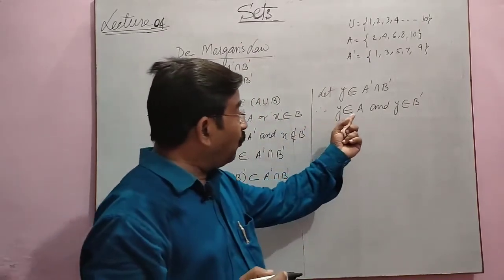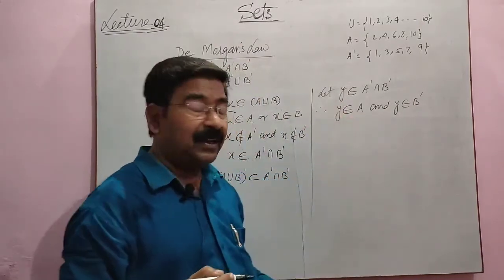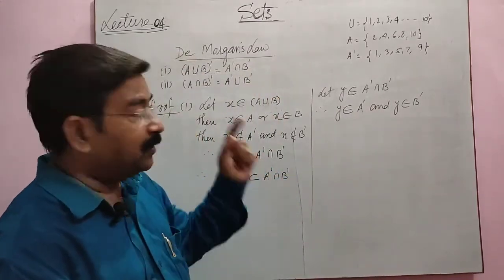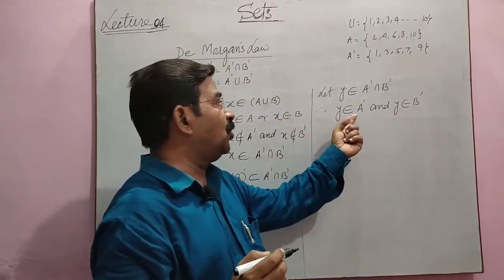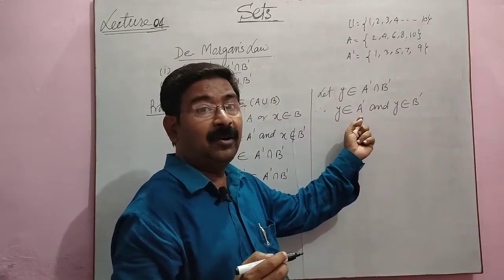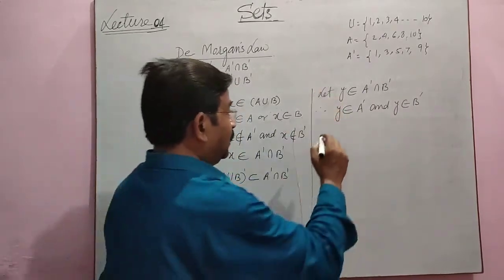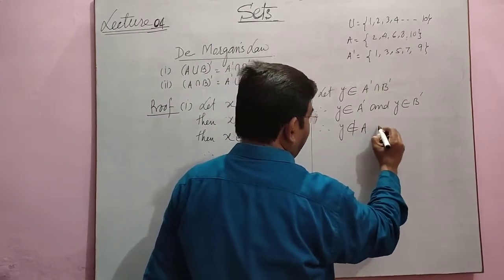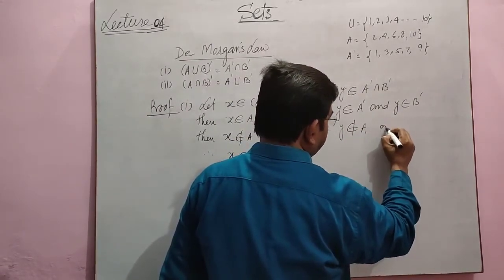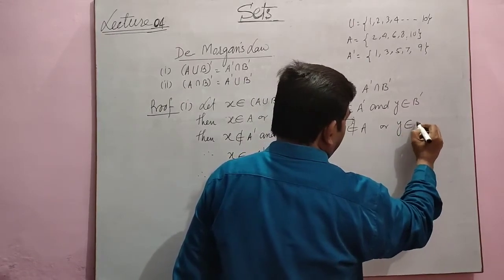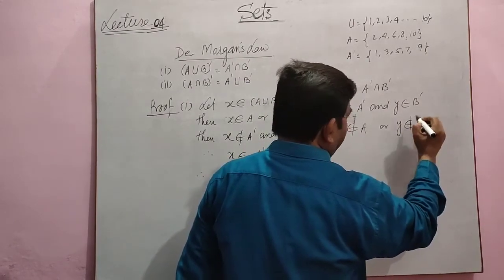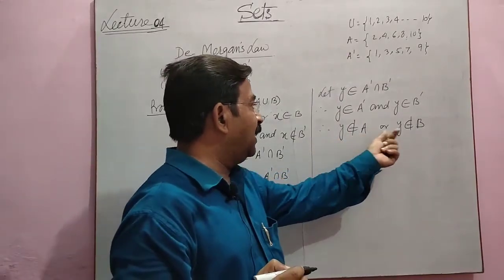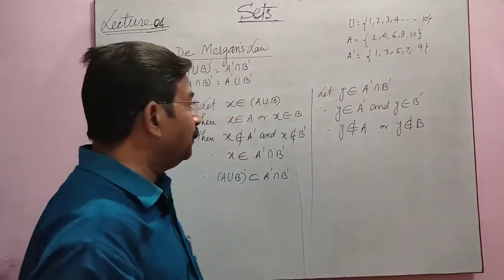So if Y belongs to A dash, obviously Y will not be found in A. Therefore we can say Y does not belong to A, and Y does not belong to B. Y is not found in A and Y is not found in B.